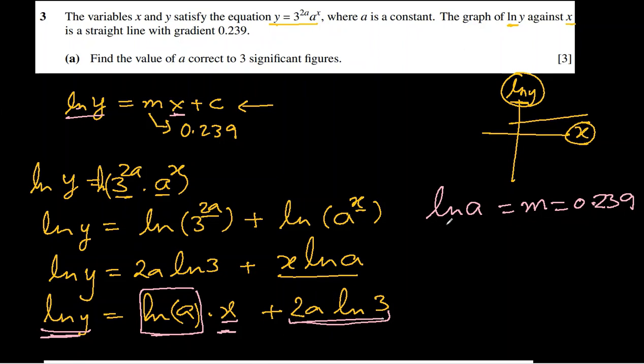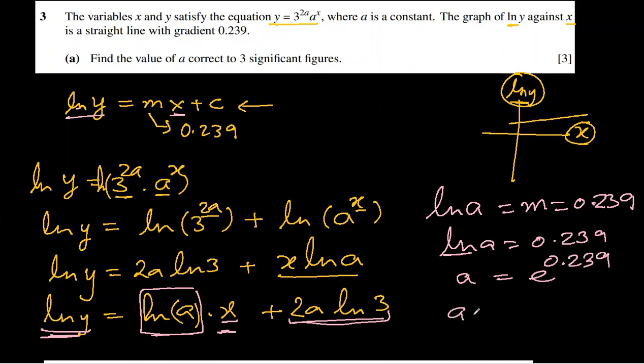So now let's find the value of a from here. Ln a equal to 0.239. This is what we've got. Now we will remove a ln from here. When we remove ln from one side, the other side becomes the exponent of e, which is the base of log. This is natural log base e, and because ln has been removed from the left side, the other side becomes e to the power 0.239.